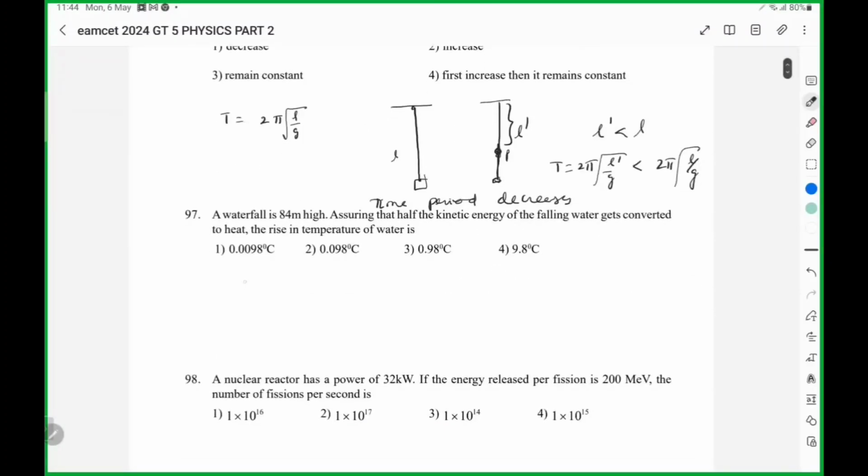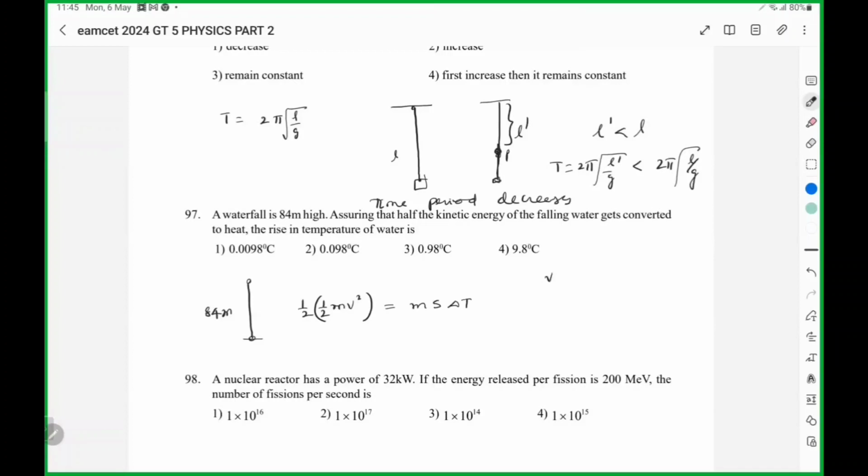So for a waterfall from 84 meters high, half of the kinetic energy of the falling water gets converted to heat. So half mv square is the kinetic energy, and half of that kinetic energy is converted to heat energy.